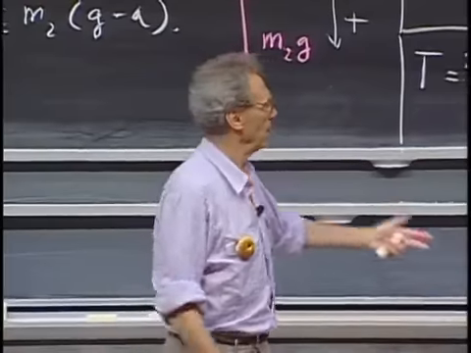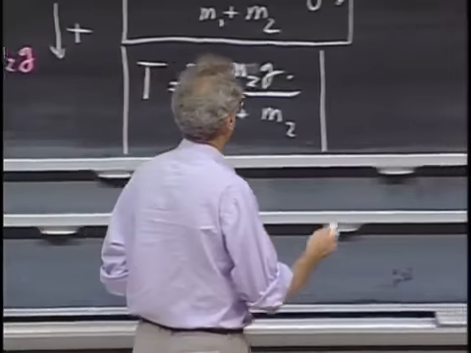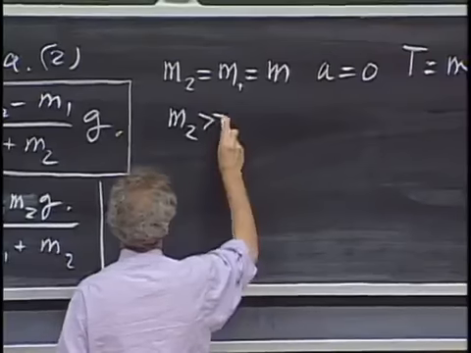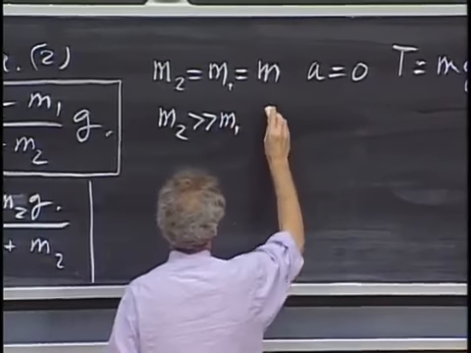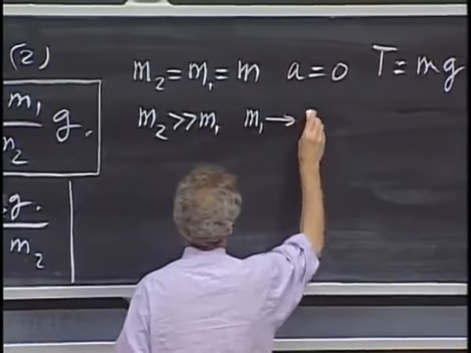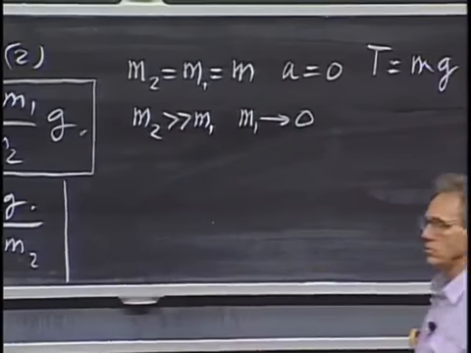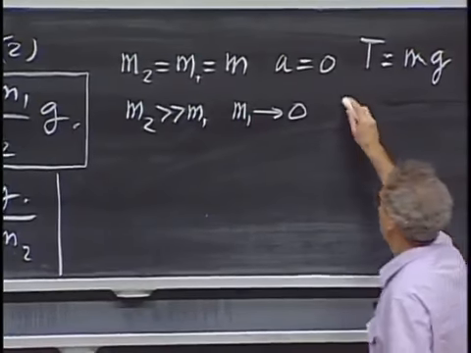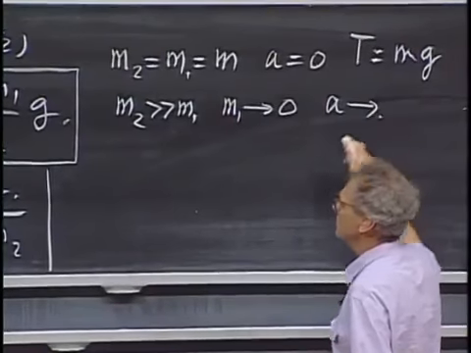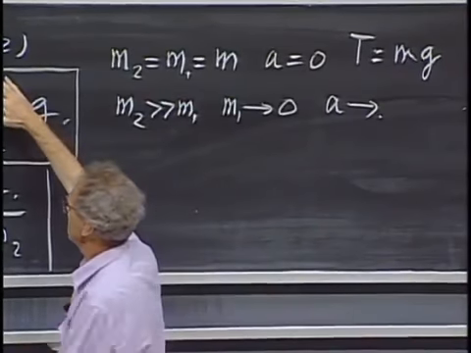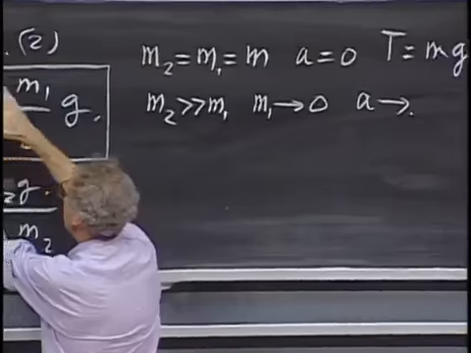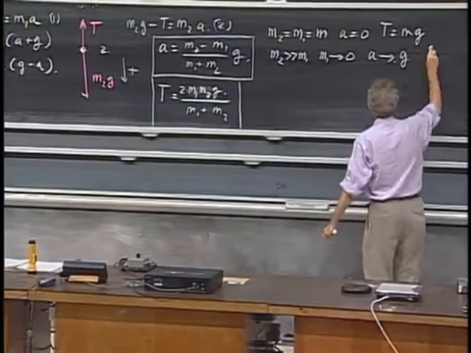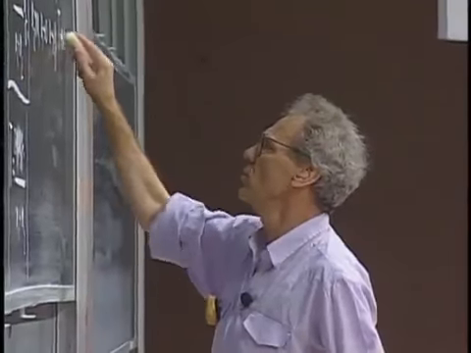Clear. Now we're going to make it more interesting. Suppose we make m2 much, much larger than m1, and in a limiting case, we even go with m1 to 0. Let's do that. What you see now, if m1 goes to 0, this goes away, this goes away, A goes to g, and T goes to 0.